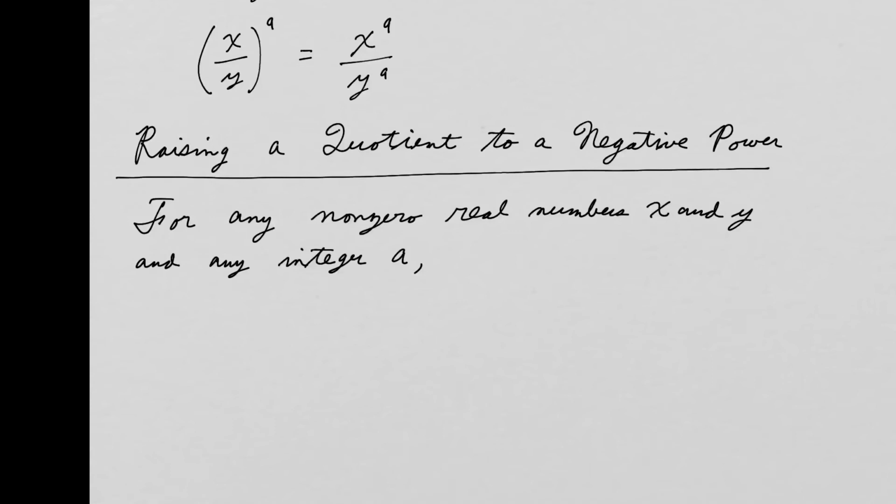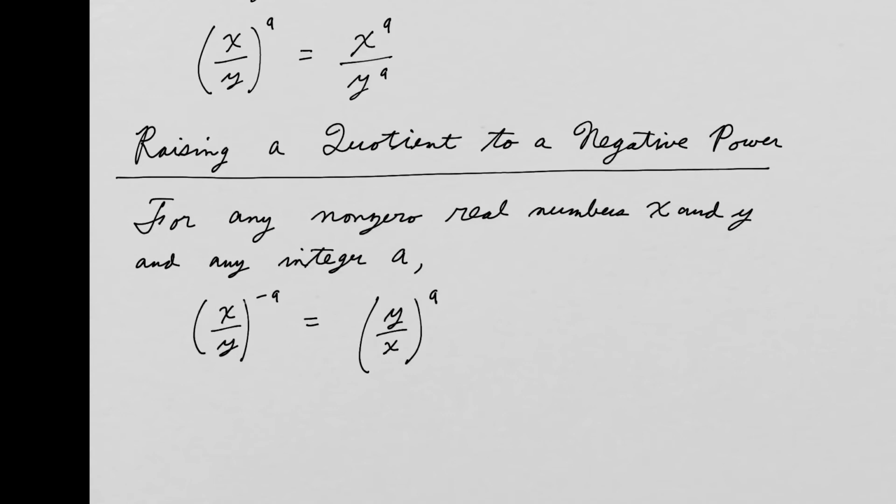then if I have x divided by y, so I have my quotient, and let's say I raise it to a negative a, it turns out I can make that negative a positive a if I flip the quotient that's inside the parentheses. So this is equal to y over x to the positive a.